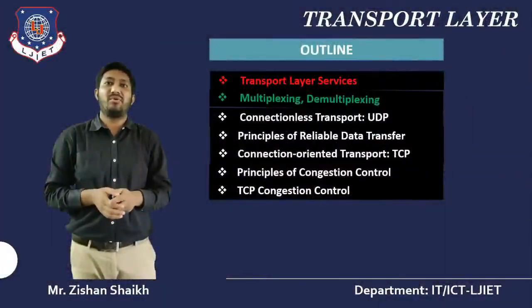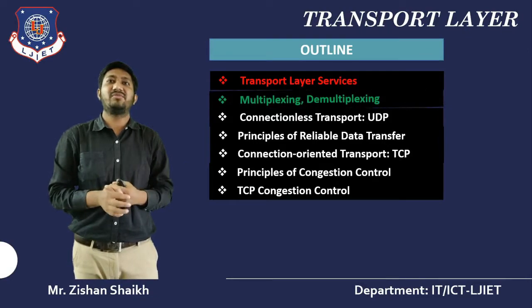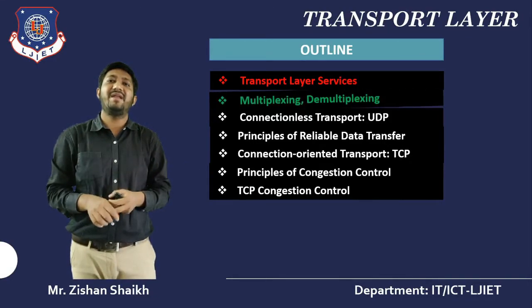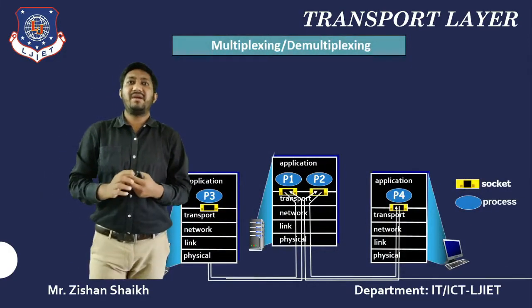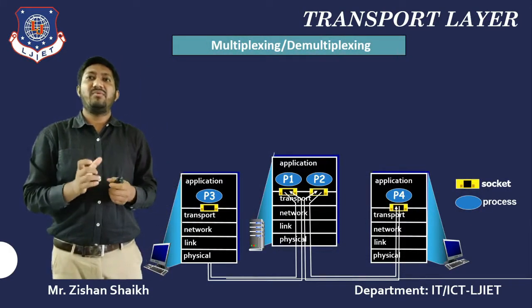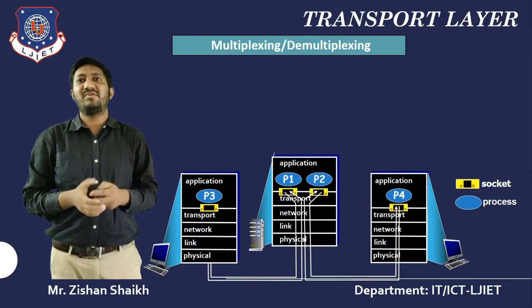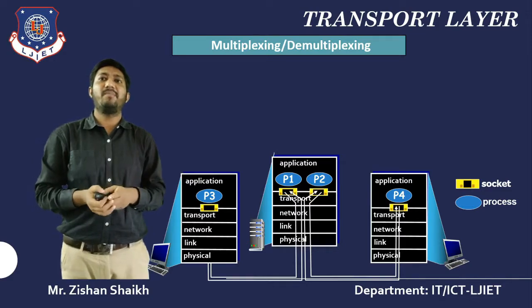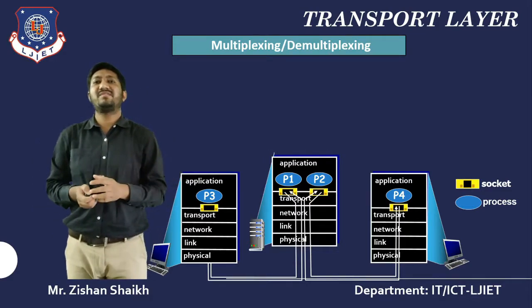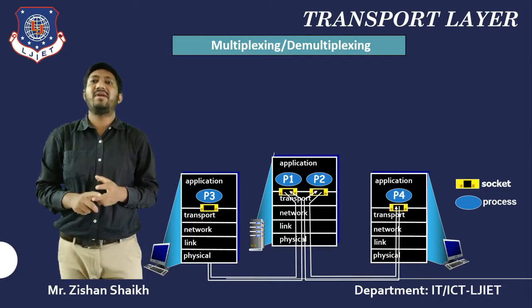Now we are moving to our next protocol or service, that is multiplexing and demultiplexing. When we are talking about multiplexing and demultiplexing, we have to understand some terminologies. First is the IP address and another is the port number. We already briefly discussed MAC address and IP address in our network layer.